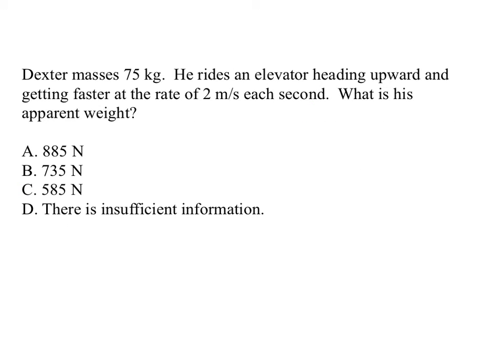Dexter masses 75 kilograms. He rides an elevator which is heading upward and getting faster at the rate of 2 meters per second each second. What is his apparent weight? Well, here we're saying that it is accelerating upward, right? It is going upward and getting faster. So the acceleration is upward, which means that the apparent weight is more than his expected weight.